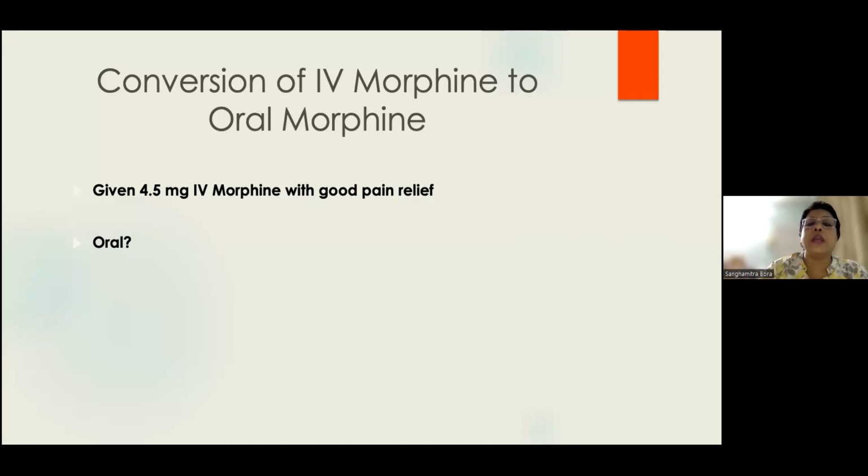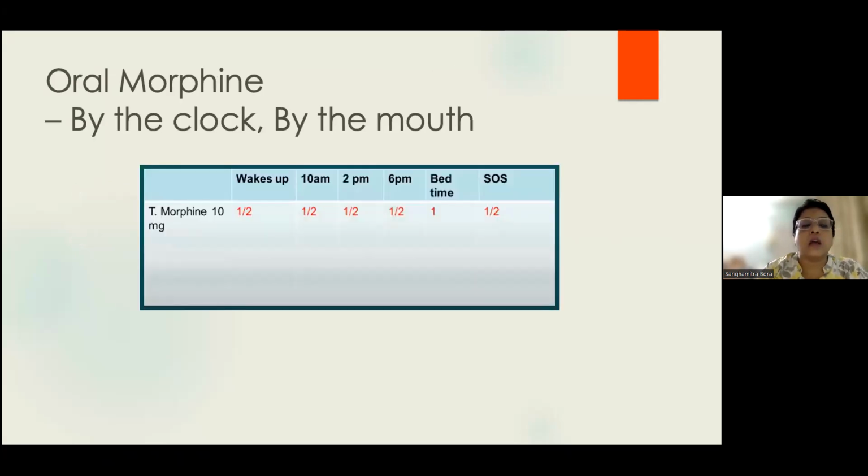So how do we convert IV morphine to oral morphine? IV morphine generally works within 10 minutes of injection. All right. And it is similar for the subcutaneous also. So if you do not have injection access, I mean, IV access, you can always opt for the subcutaneous route also.